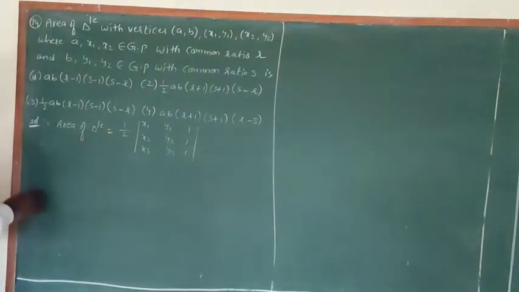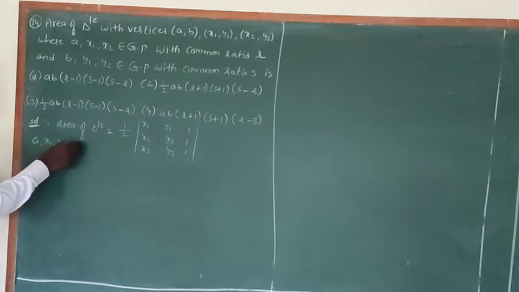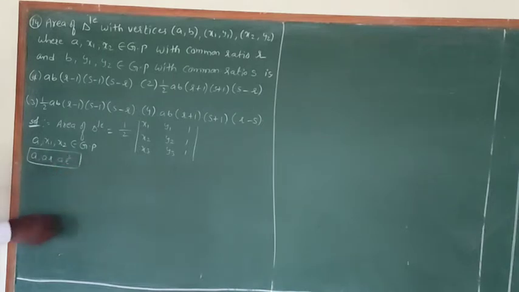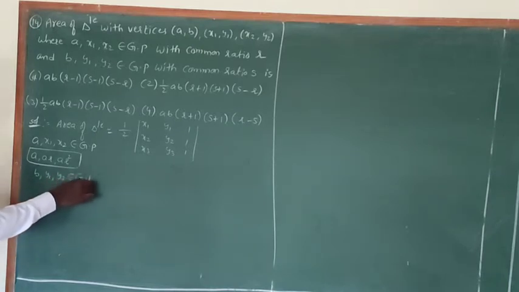Now here A x1 x2 belongs to GP means what can I write? A, AR square. Similarly, B y1 y2 belongs to GP, then B, BS square.